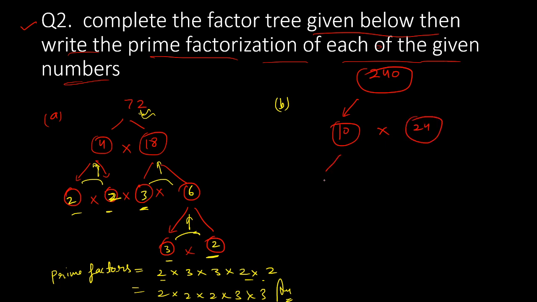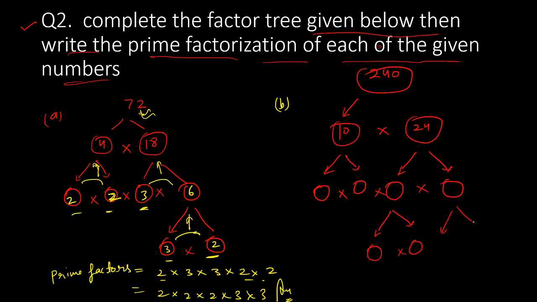Then there are also two branches, and we have to fill them. Now again two branches, again here are two branches, and two again. So you have to fill it. So students, let us do this question now.